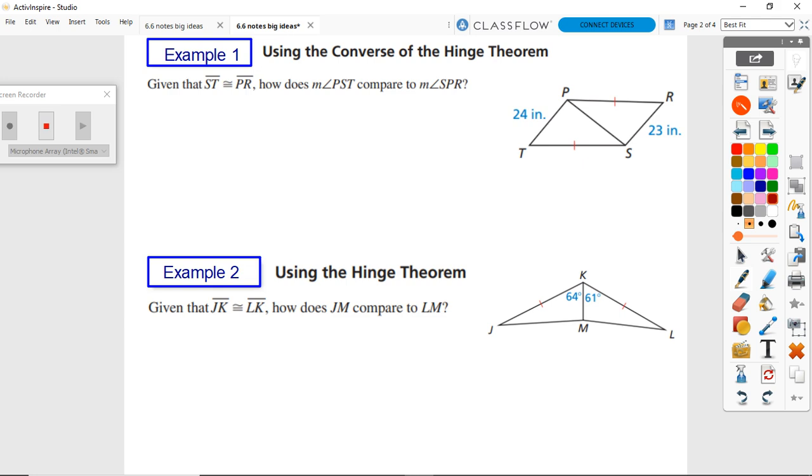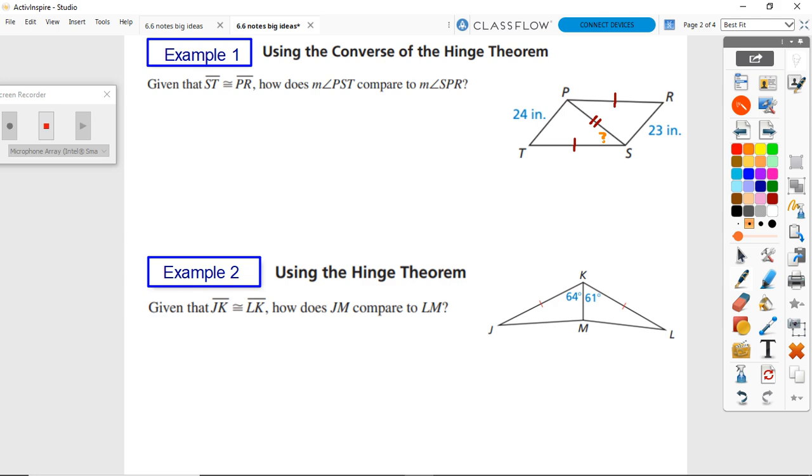Example 1. Given that, so we got two triangles here, and you know the reflexive property is going to happen a lot, so PS is congruent to itself. Given that ST is congruent to PR, so that's that slash and that slash, how does the angle at PST compare to angle SPR?